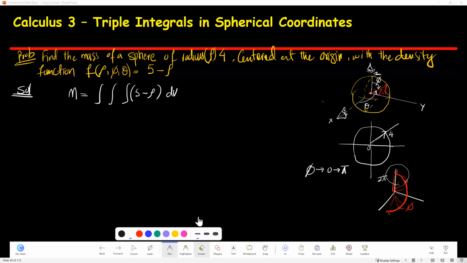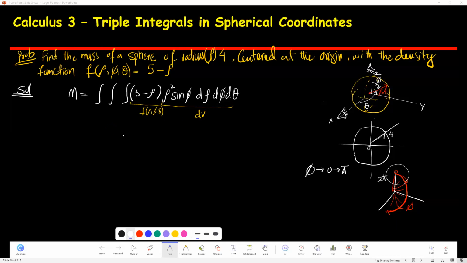This dV can be replaced by a long expression which we wrote in the previous slides, which is rho squared sine phi d rho d phi d theta. That is my function, and that is my dV.